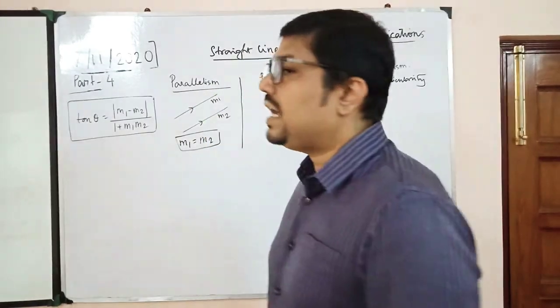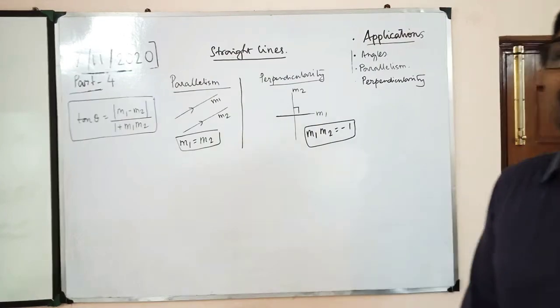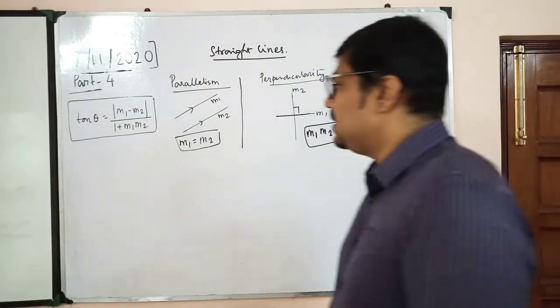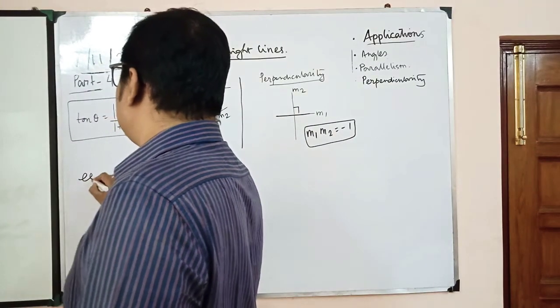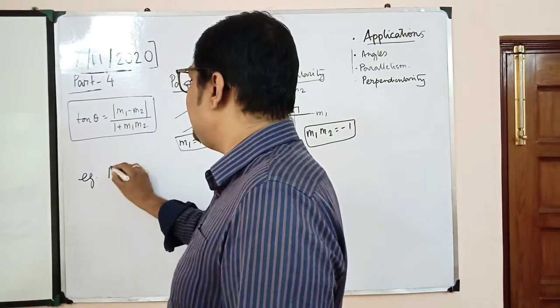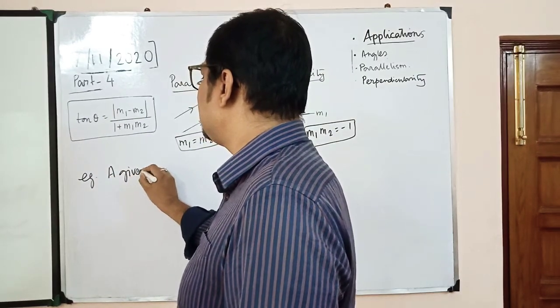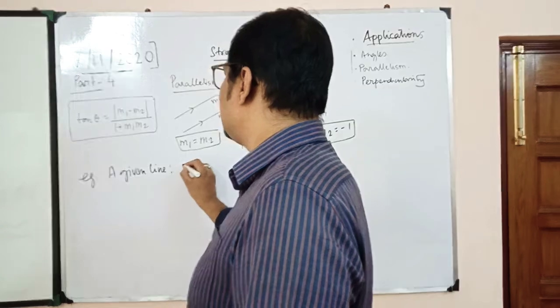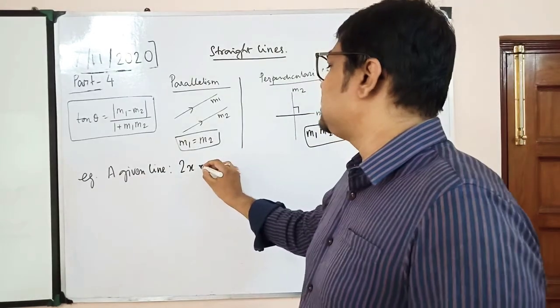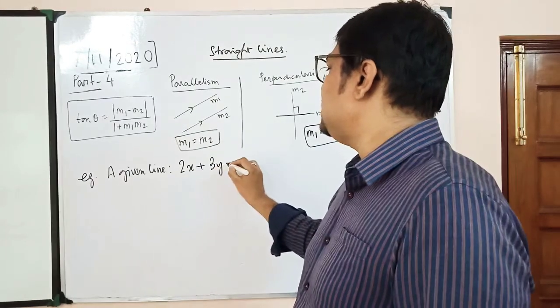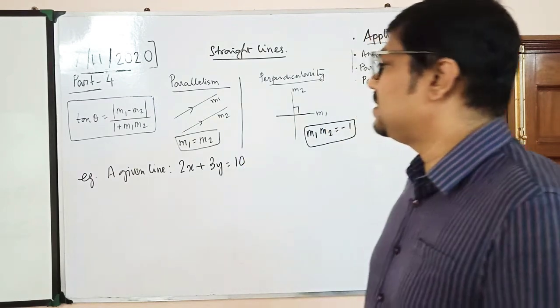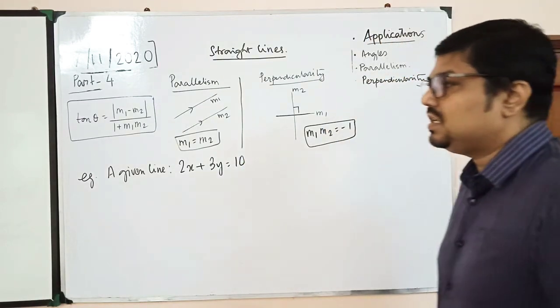Now let's see how to write a parallel equation. I'll take an example. Say a given line 2x plus 3y is equal to 10. This is the line equation given.